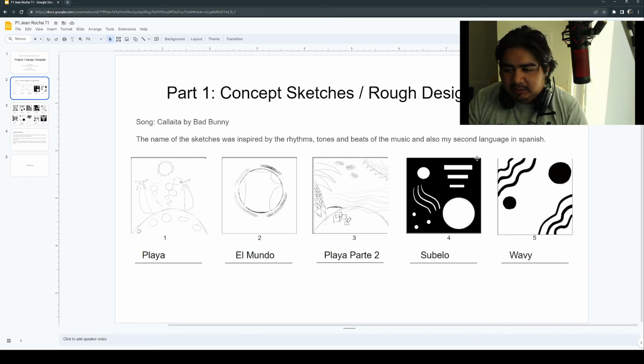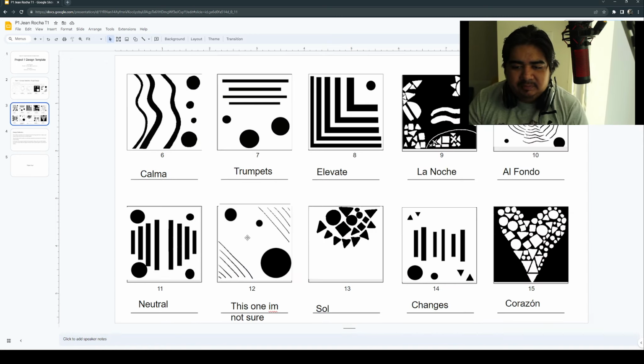If I go diagonal here, it gives off the symmetry of the change from the smaller to the bigger one, while still having contrast between these lines and these dot patterns with the harsh lines over here.